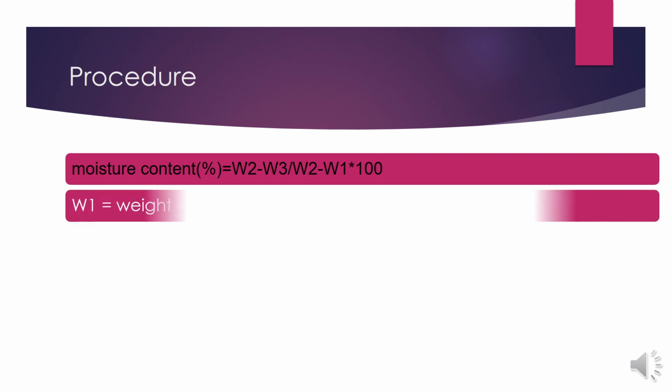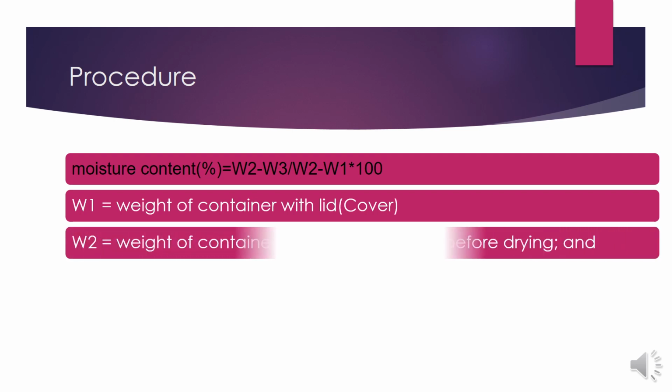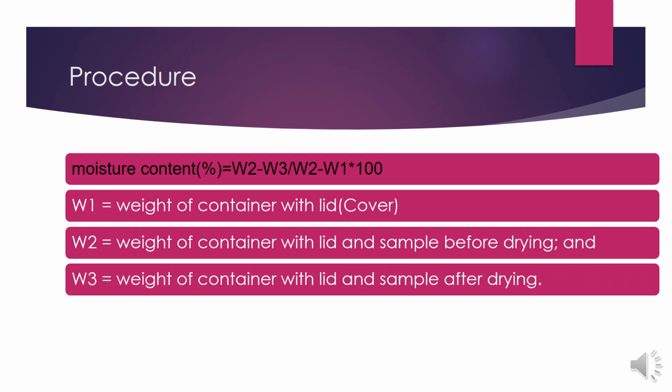The percentage moisture content is equal to (W2 minus W3) upon (W2 minus W1) multiplied by 100, where W1 is weight of container or your china dish with its cover, W2 is weight of container with its cover or lid and sample before drying, and W3 is weight of container with lid and sample after drying.